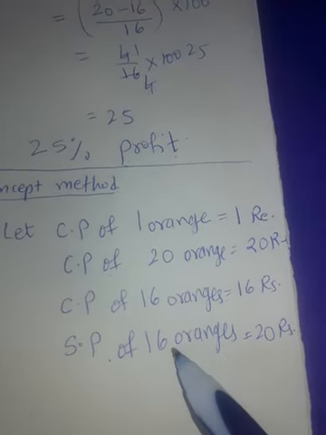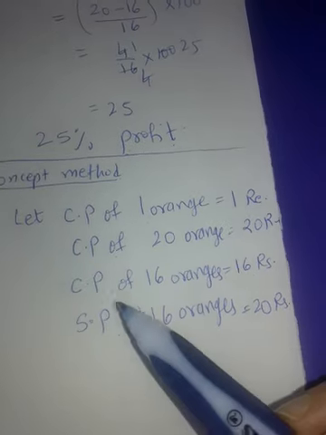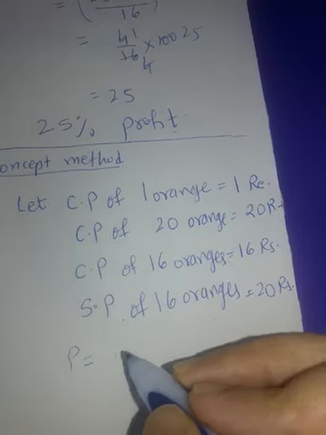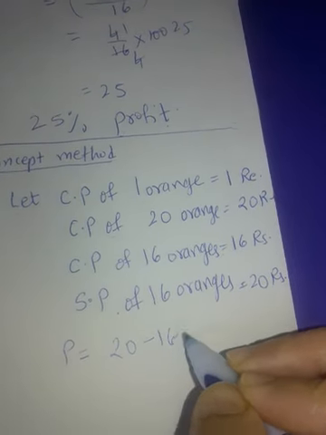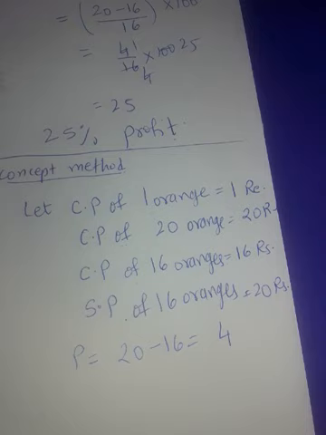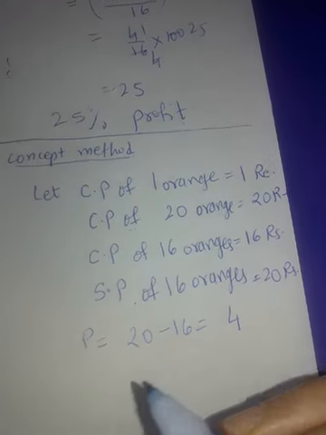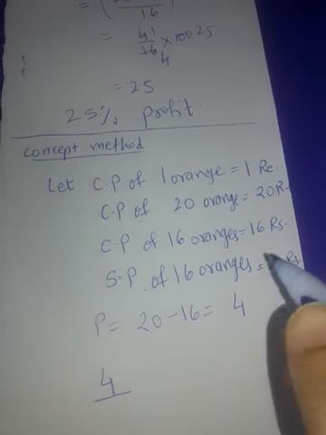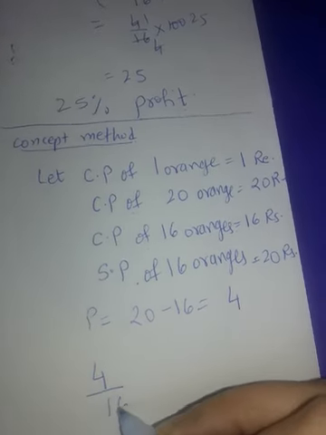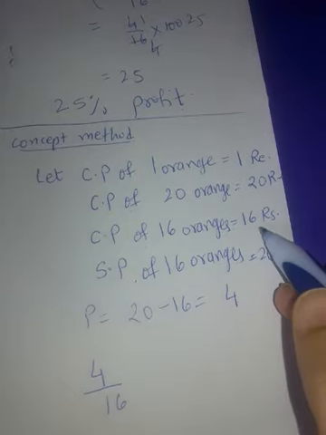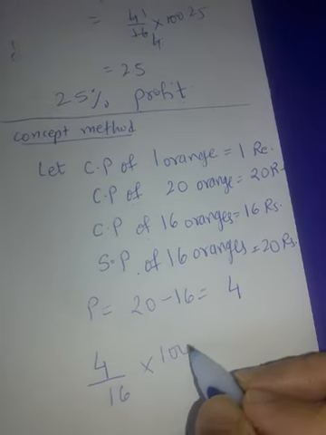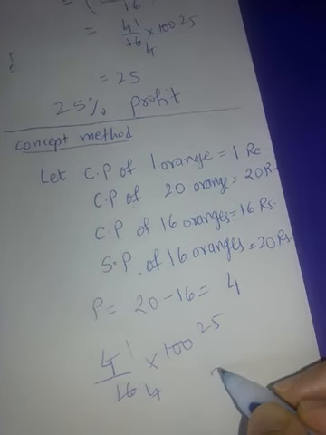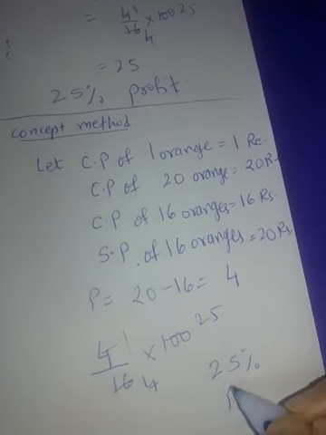Quantities are equal, so can we find profit or loss? Cost price is 16, selling price is 20. So how much is the profit? It is 4, isn't it? And we need to find profit percent. How do we find profit percent? It is always profit over the cost price. Cost price is 16. So 4 is the profit over this 16. So the answer is 25% profit.